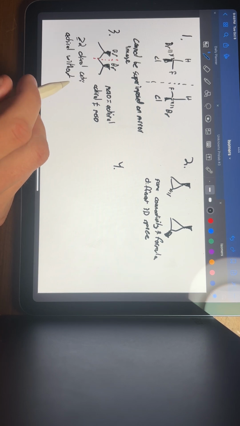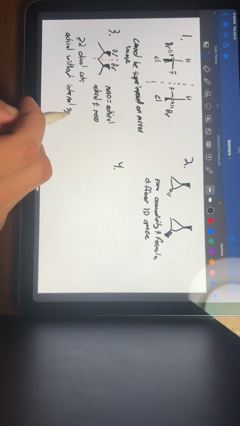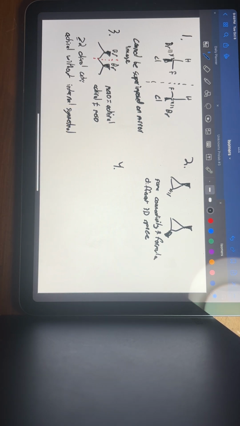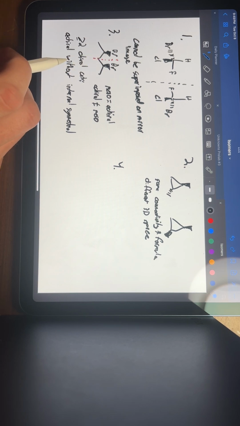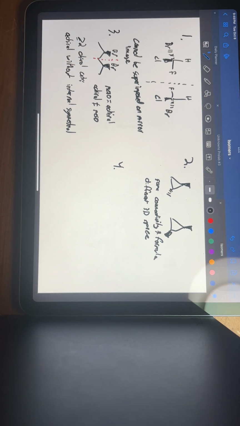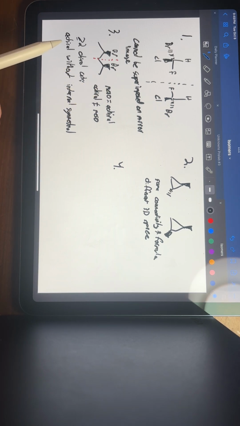Let's see, so achiral without internal symmetry. So the fact that it has a mirror image within its own molecule means that it will be able to be superimposed on its own mirror image, which would mean that it's achiral, but then it is meso.